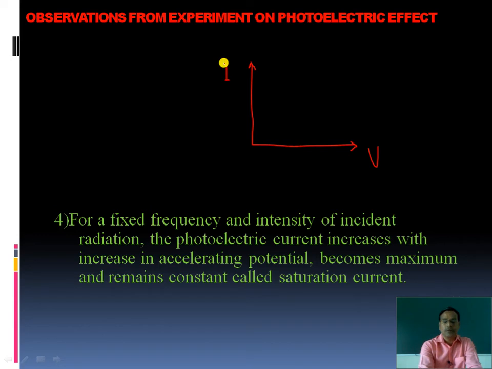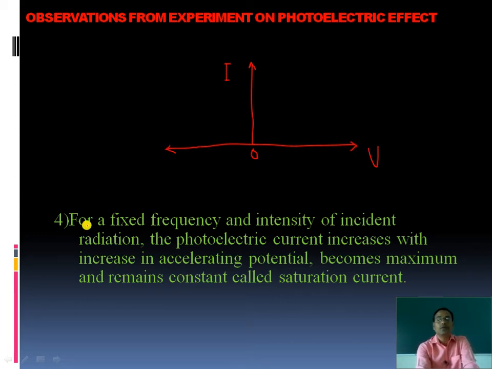We can consider the negative part also, that we have to draw in the next part. So here it is negative potential, then first it is positive. What about this point? It has both values 0 initially: accelerating PD and photoelectric current.